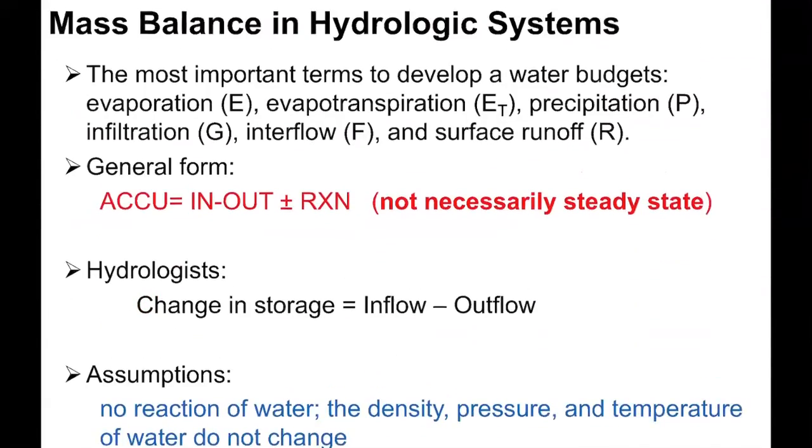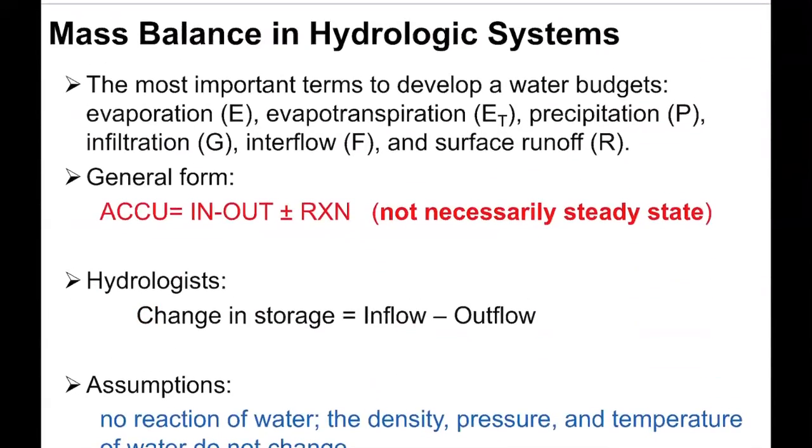So in terms of the mass balance of the hydrologic systems, for the past few classes, we have been talking about mass balance, right? If we want to build a mass balance for the hydrological systems, we should also list out the equation: accumulation equals in minus out, plus or minus reaction, okay?